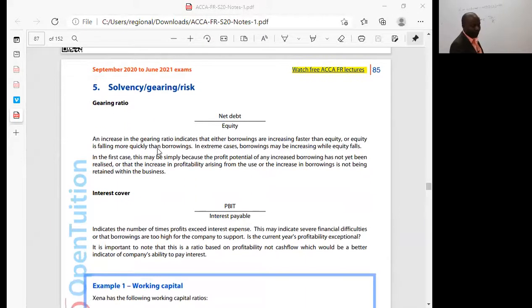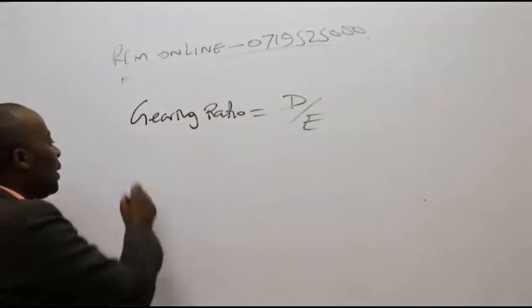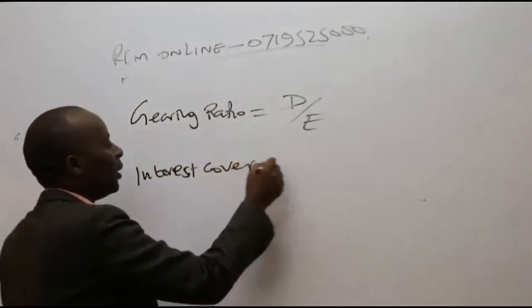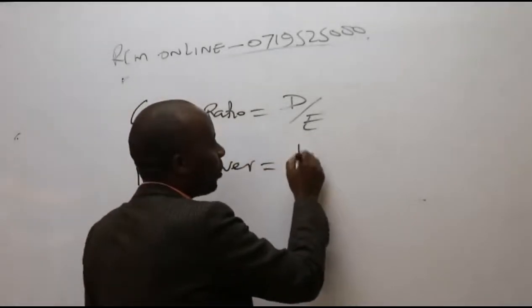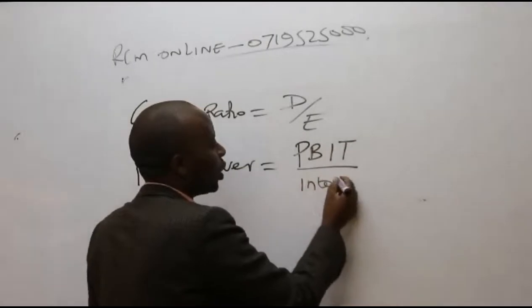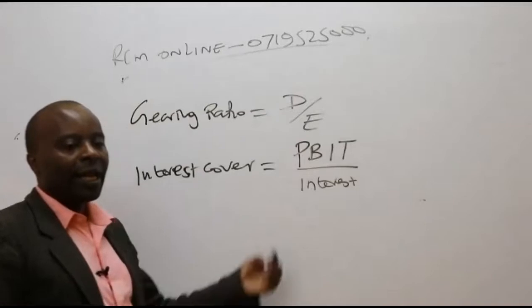For interest cover, remember we look at the operating profit all over the interest. Anytime they want us to give them interest cover, we shall always be looking at the operating profit, which is PBIT, all over the interest expense per annum. And it should be the number of times.